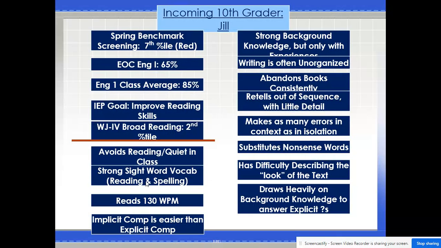Somewhere along the line, she did not get enough work or assistance or thorough understanding of restating the sequence of a story, looking at the events, looking back in a text for evidence, all those things that are explicit to comprehension. So that's how we would help Jill. And we wouldn't say that she just needs to improve her reading skills. That should be like a red flag when you see something like that.